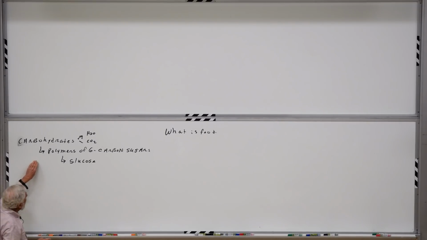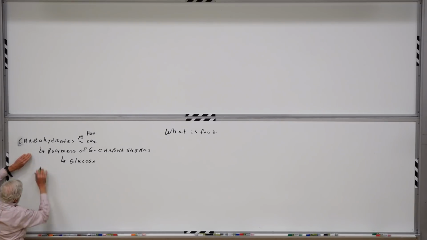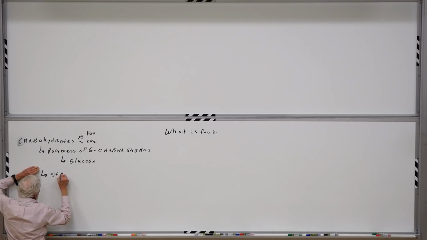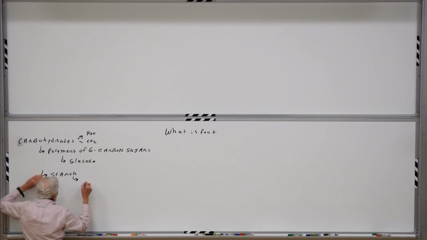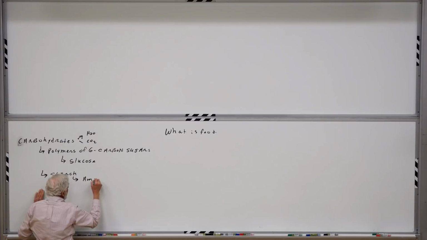If we look at one of these carbohydrates, we can see that one of the most common is starch. And that starch comes in two varieties, as amylose and a related molecule called amylopectin.